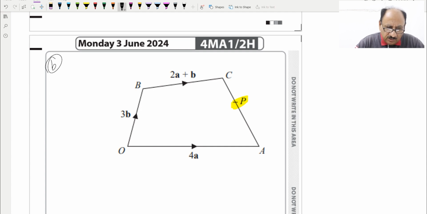So AP ratio PC is 3:2. So this is 3 parts and this is 2 parts. So total are 5. So we can write 3/5 and 2/5. So these are the parts.